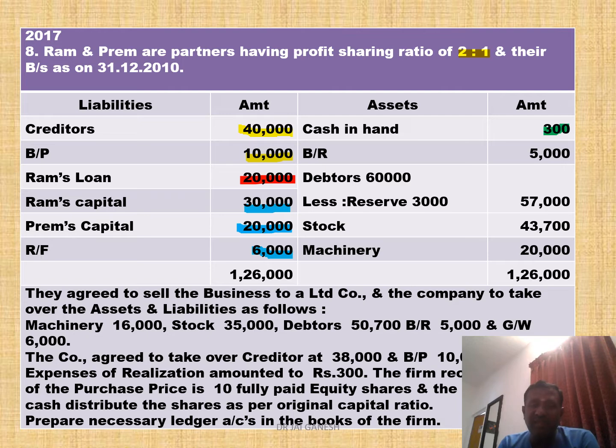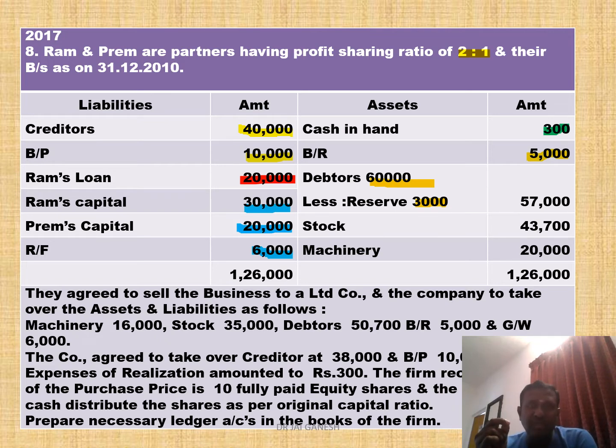Then we have bills receivable. Transfer bills receivable to debit side of realization account. Then we have gross debtors 60,000. So gross debtors 60,000 to be transferred to debit side of realization account. Reserve to be transferred to credit side of realization account.